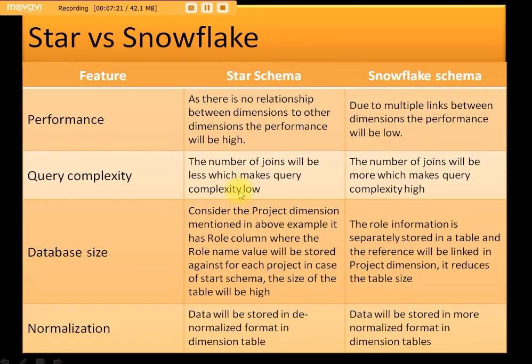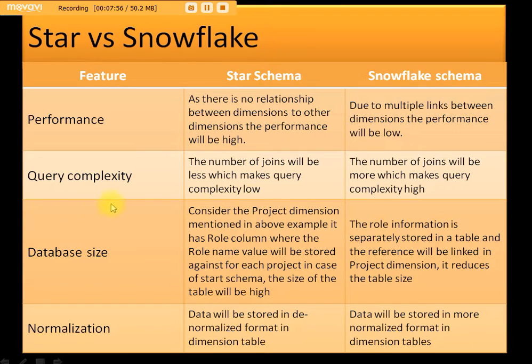The complexity of the query will be lesser in star schema than snowflake, since snowflake has dimension tables referencing other dimensions and the joins will be many more. As for database size, star schema will consume more size, since it does not follow the normalization process. Data is stored in a denormalized format in star schema, and in a more normalized format in snowflake schema.